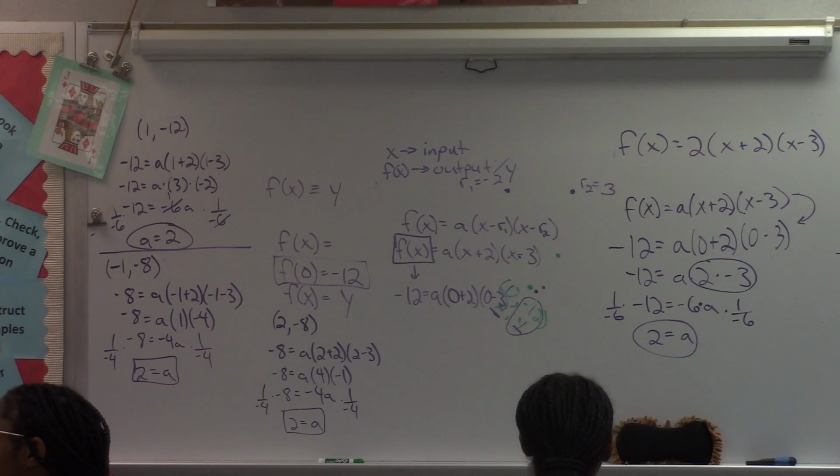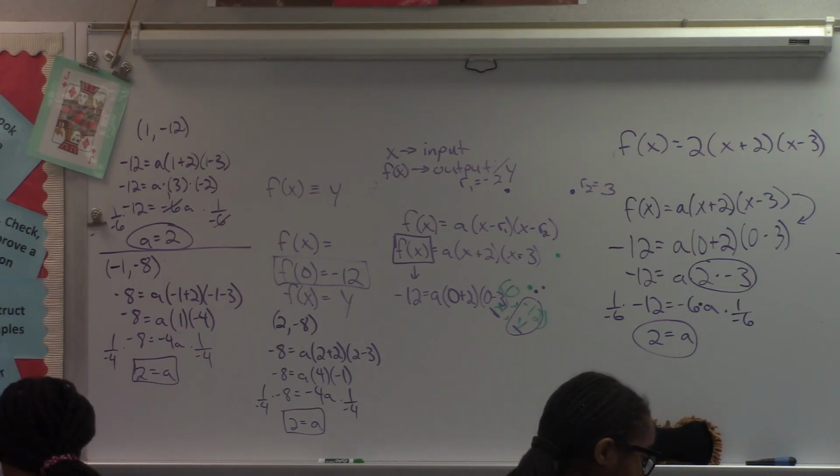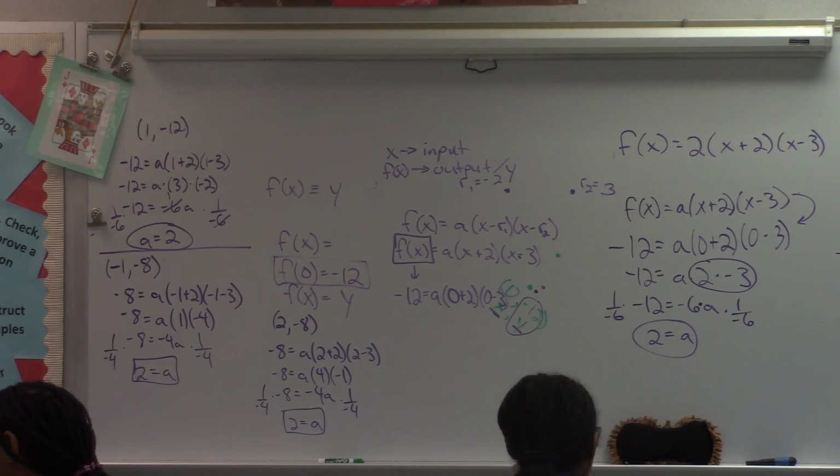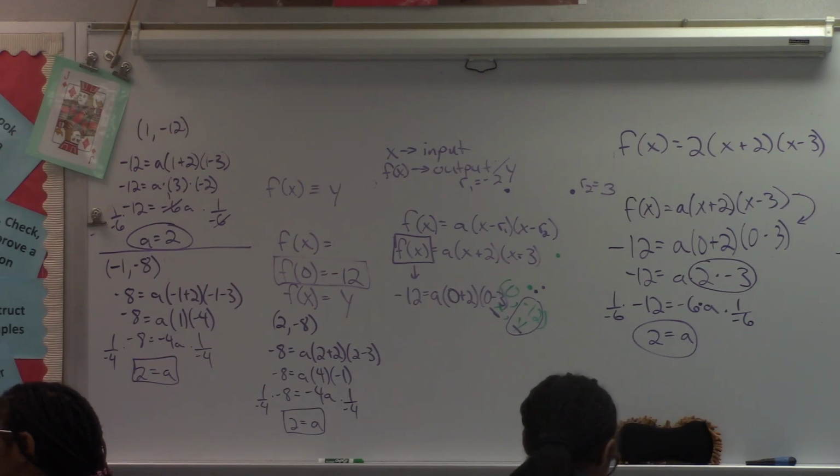So no matter what point you use, it'll give you A. It is the same function. So don't stress about which point to use. Just identify one other point, substitute your x and y values in, then solve that equation. Right? Substitute another point in, solve your equation. That's how we find A.